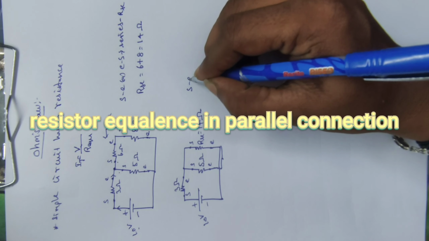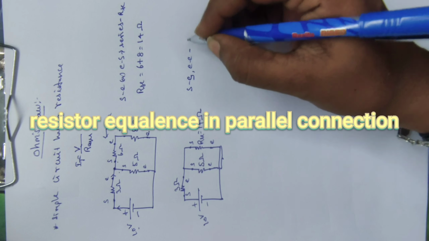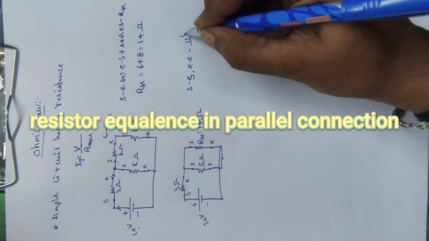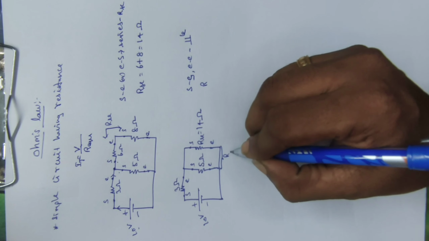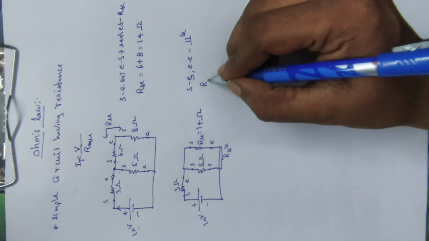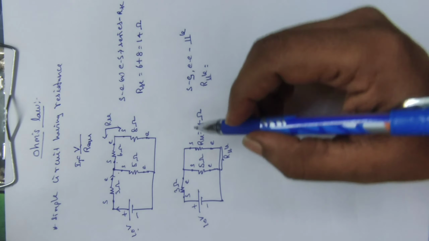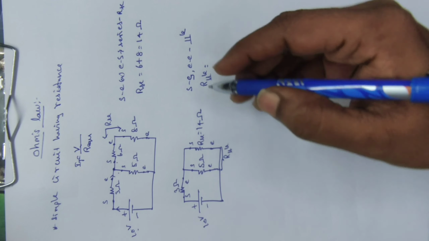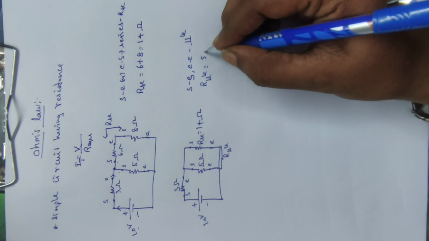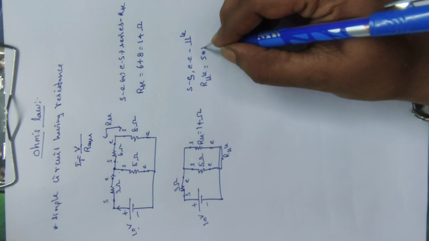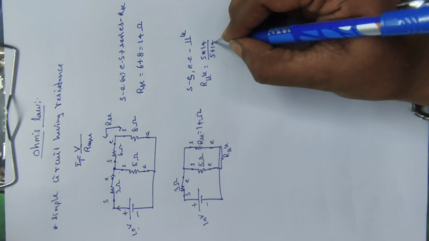Whenever we have a starting to starting and ending to ending combination, there is a parallel connected resistance. To get the equivalence of the parallel connected resistances, we apply this logic. We take the product of these two, and on the denominator side we take the summation of the two parallel connected resistances. First is the product, and on the denominator side we add the summation of it.